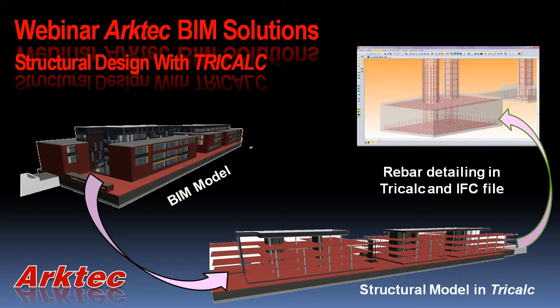Also, steel beam and columns connections are detailed in 2D and 3D. All the information of the 3D model from TreeCalc will be exported back to the BIM model via IFC file, including rebar reinforcements, connections, piles, beams, columns, slabs, and all the other elements that TreeCalc has the capability to model.